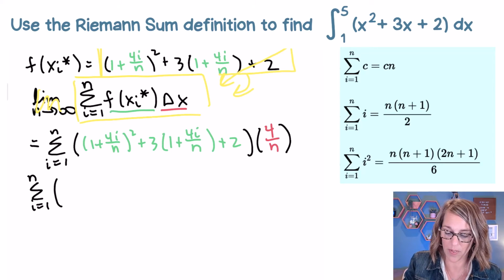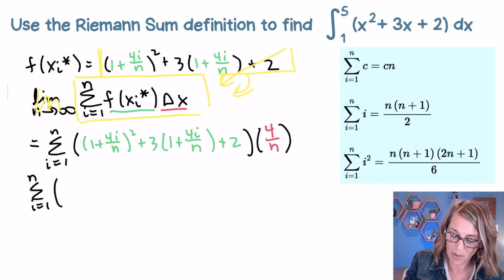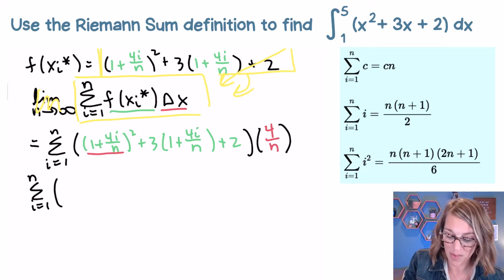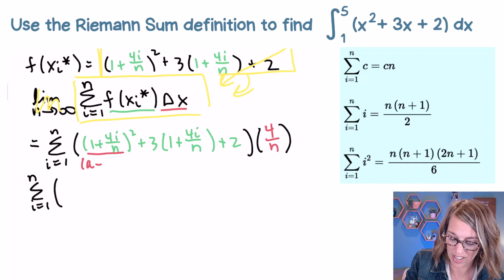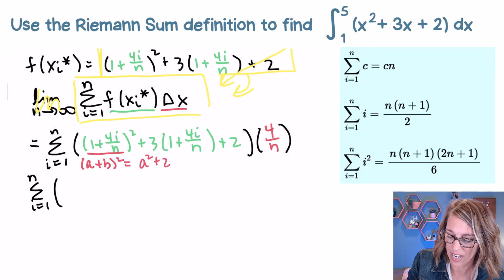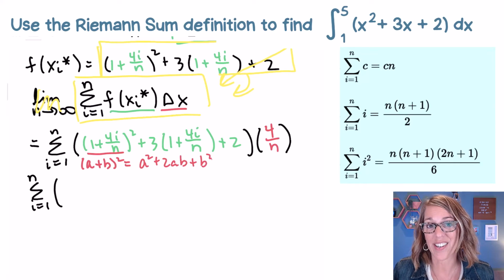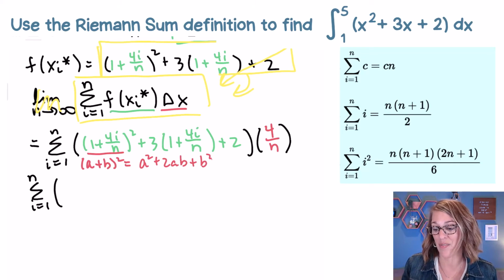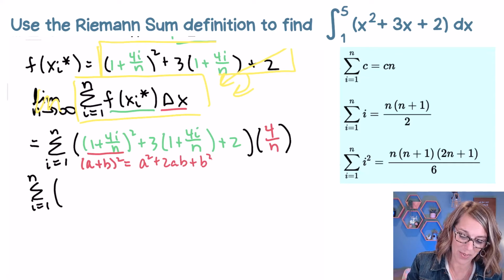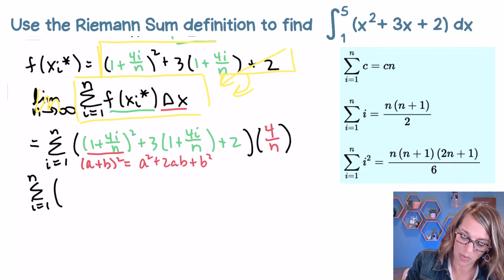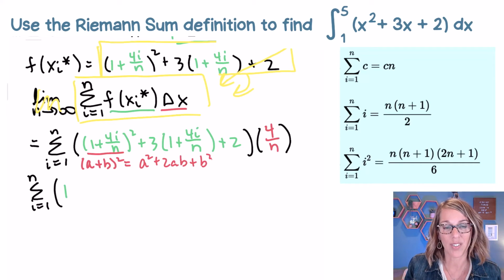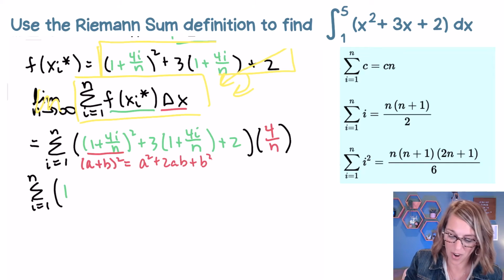Let's first work on what we've got in green there. I want to start by multiplying this out. It's a binomial squared, so I can use the formula (a plus b) squared is equal to a squared plus 2ab plus b squared. a is 1 here, and b is 4i over n. So as I multiply that through, I end up with 1 squared plus 2 times 1 times 4i over n.